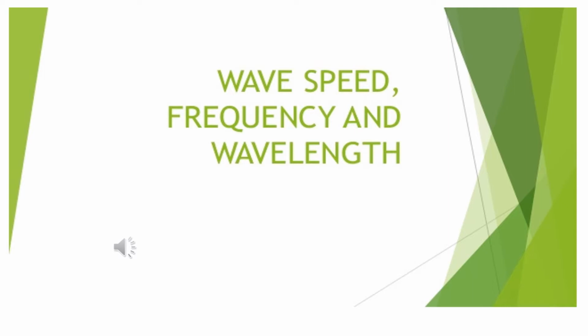After that, we learned about the different basic parts, which we can call properties of waves, such as the wavelength, the amplitude, the frequency, and so on. Today, we are here to look at how we find the wave speed, the wave frequency, and the wavelength.